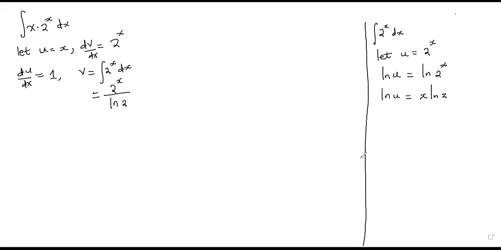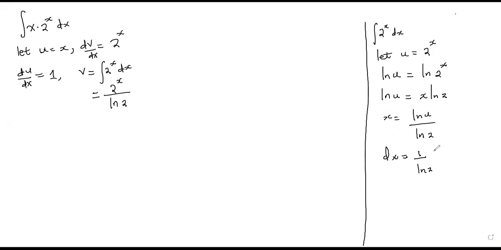Then make x the subject. So our x is going to be equal to ln u out of ln 2. After getting this, differentiate both sides. When you differentiate both sides, you will get dx equal to 1 over ln 2. Ln 2 is like a constant, so I can say 1 over ln 2.